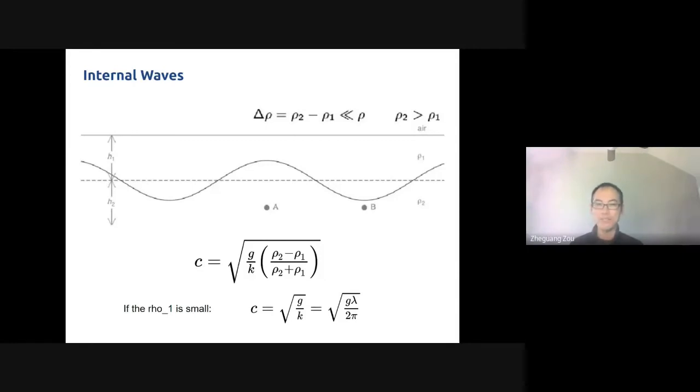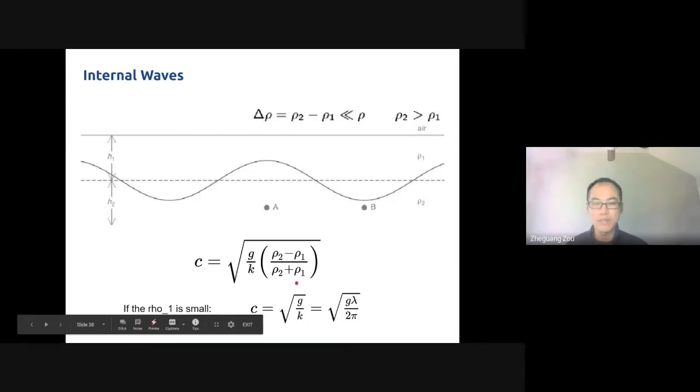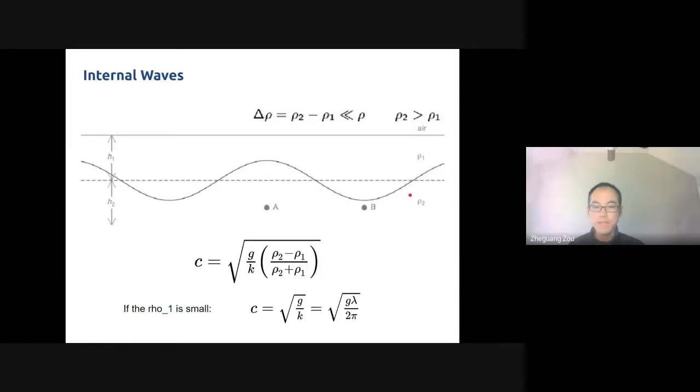Why is the wave speed slow? We don't derive this, but to give you an example, the internal wave speed is calculated from this equation. It is the square root of g over k, times something related to the densities of medium 1 and 2. To be more precise, it depends on the difference between the media.